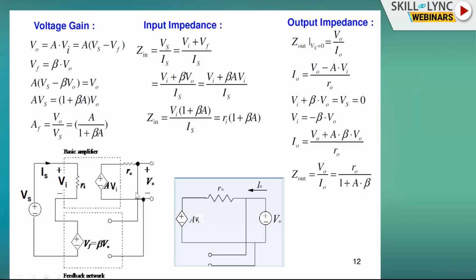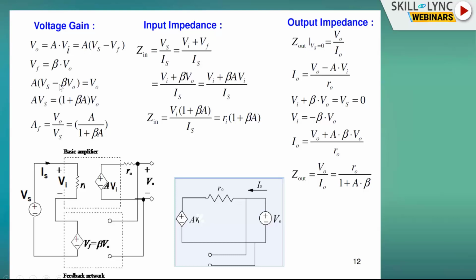Here we have taken beta times V0 as the feedback voltage. The feedback voltage Vf is equal to beta into V0. We substitute Vf here, so we have A into (Vs minus beta V0) is equal to V0. We substitute the second equation in the first equation.